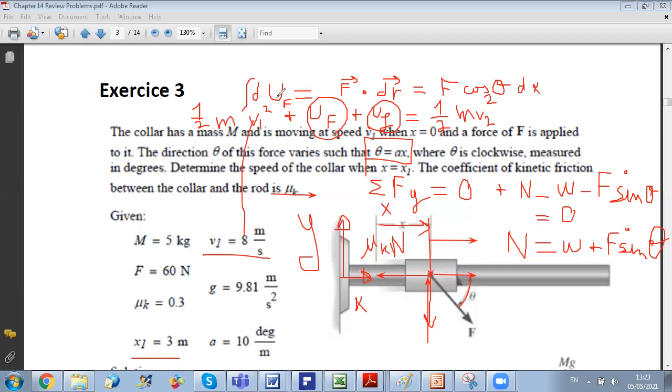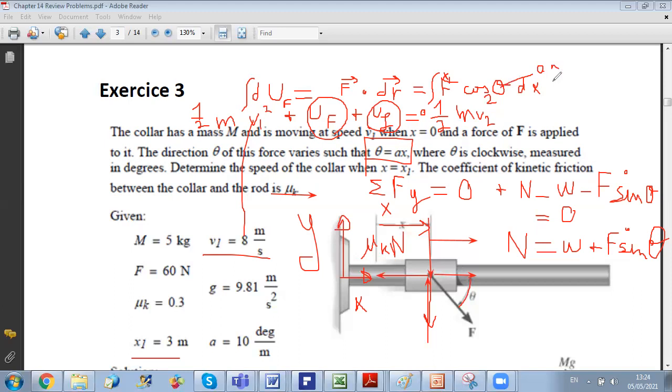So integral dU is equal to the integral from position x1, from 0 if you want. Initially it's at x equals 0 to x1. Okay? Since theta is variable here, we cannot take it outside of the integration. We should perform a normal integration. So you replace theta by a times x. And you know that the integral of cosine theta is sine theta.